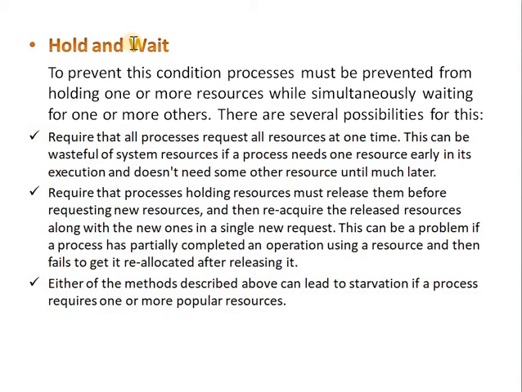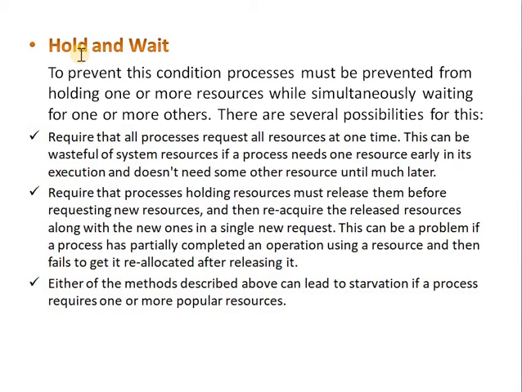The next deadlock prevention method is the elimination of the hold and wait condition. To ensure the removal of the hold and wait condition, we should ensure that whenever a process requests resources, it should not be holding any other resources.